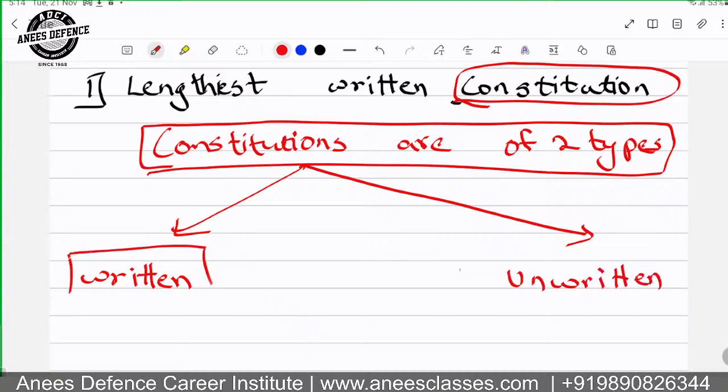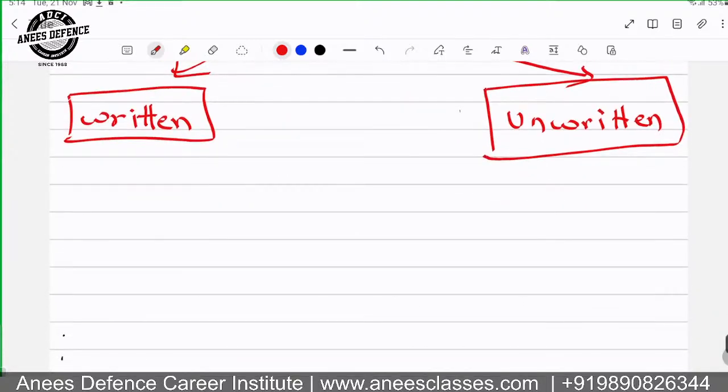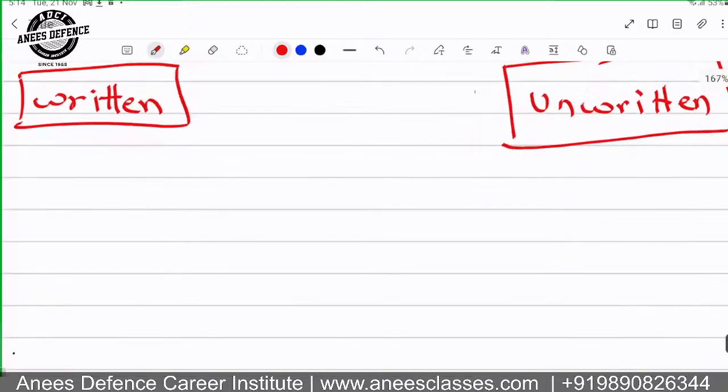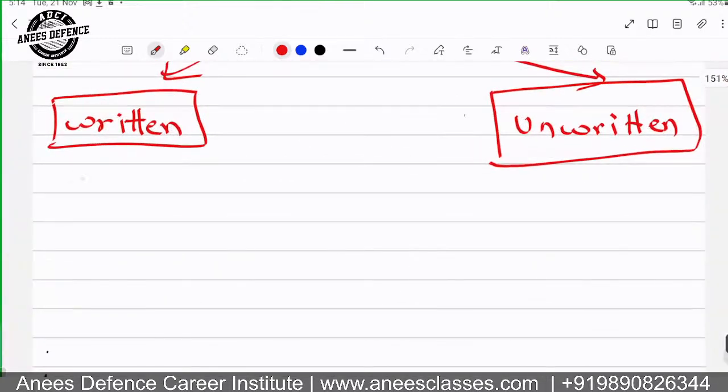Written constitution examples are America. The USA has the oldest written constitution of the world.